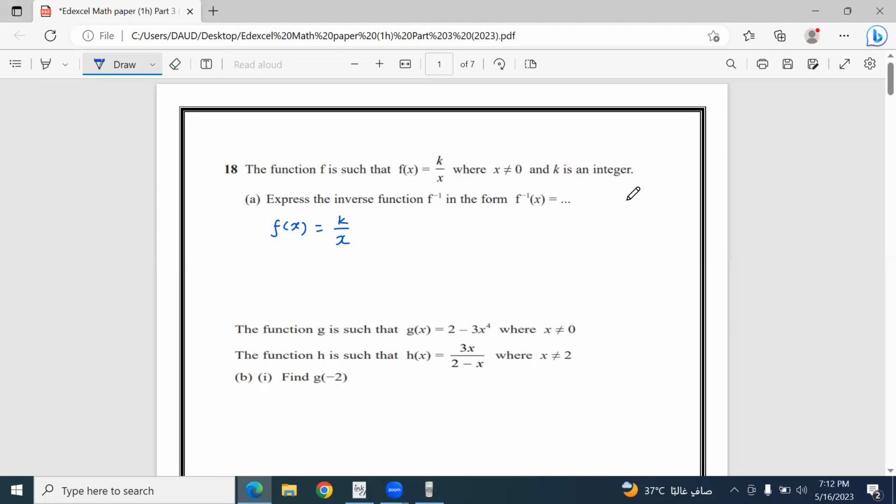The first step is f of x always equal y. In this case, x is the domain and y is the range of a function. The second step, we will replace the value of x and y.